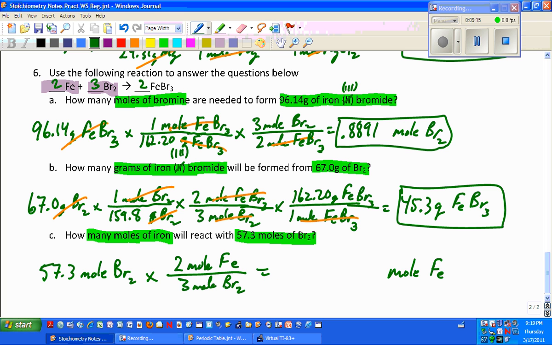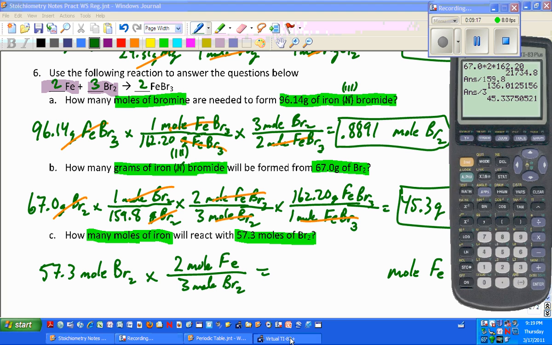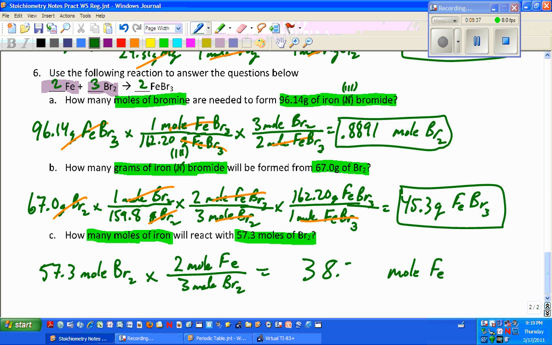Grab a calculator. Yeah, I probably need a calculator. I can't do that one in my head. 57.3 times 2 divided by 3 is equal to 38.2. So that's 38.2 moles of iron.